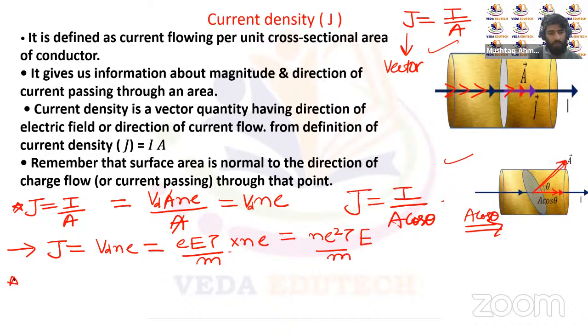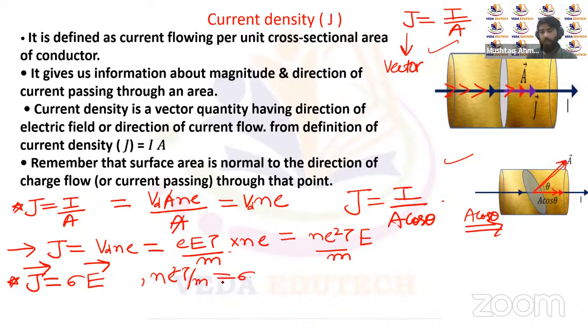Or we can write J is equal to, let's replace this n e square tau upon m with the factor sigma, times E. So our n e square tau upon m, we call this sigma, what we call conductivity.